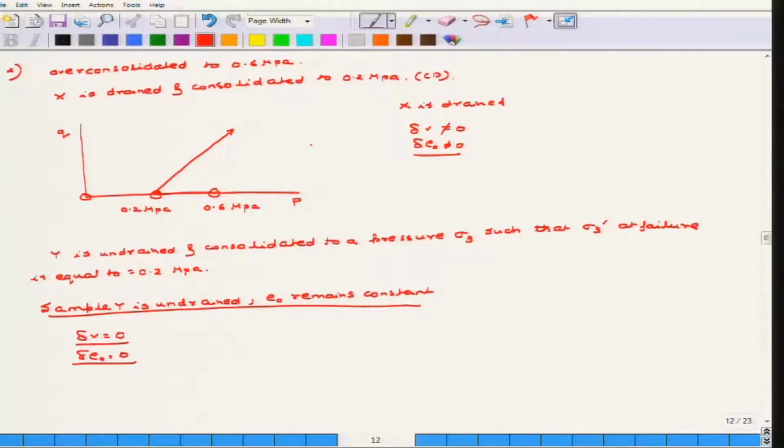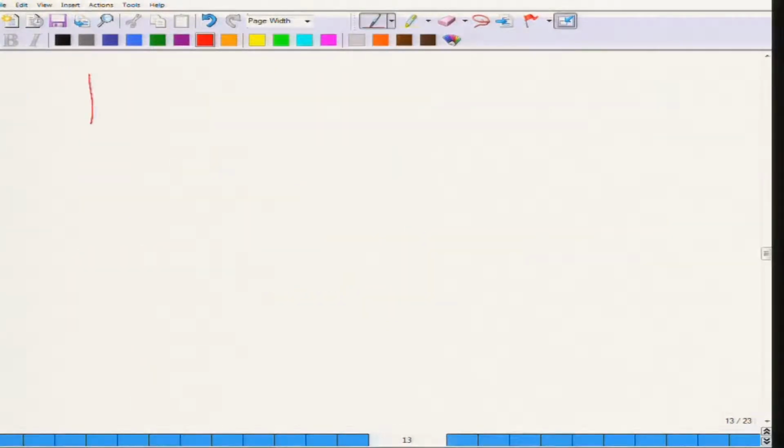Now the clay is over consolidated, so obviously you know that the sample will dilate. That means the volume change in this case, if this represents the compression, because we always take compression as positive in case of soil, while you can take tension as negative, so delta V will be in compression and then after it will increase.